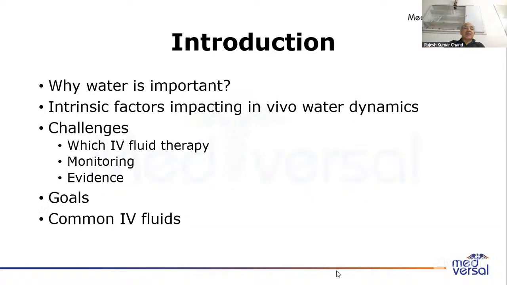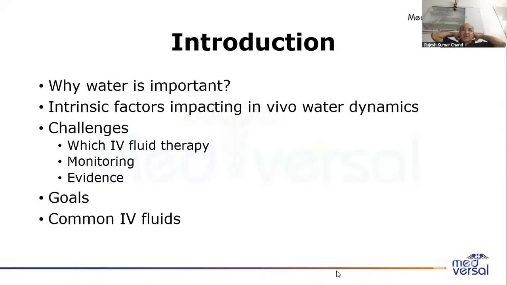I'll introduce the topic in this form: to understand the importance of fluid therapy, we need to understand why the fluid, which contains water predominantly, is important for us. What are the intrinsic factors which impact the in vivo water dynamics in the body?